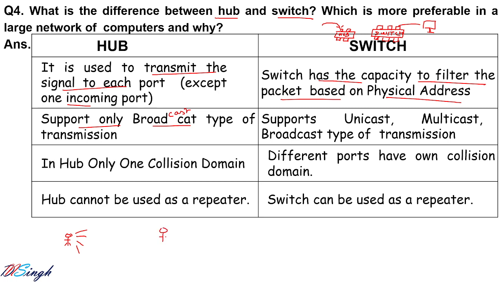Unicast is one person to one person, one sender and one receiver. And multicast is like in a classroom, when you have one speaker and a group of people listening to that. That is multicast, a group of people in close proximity who are listening. So this is multicast.